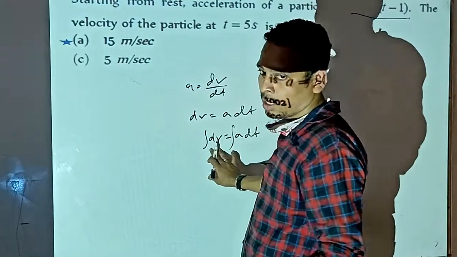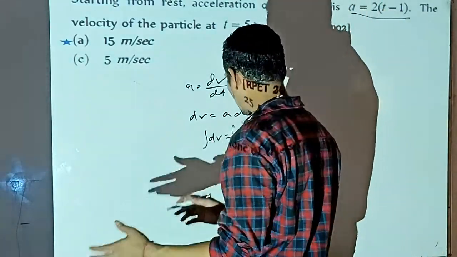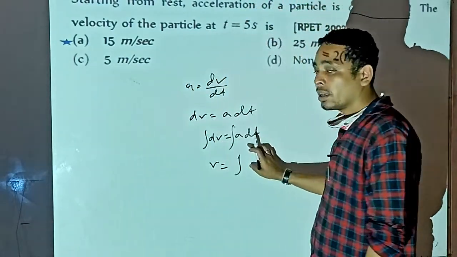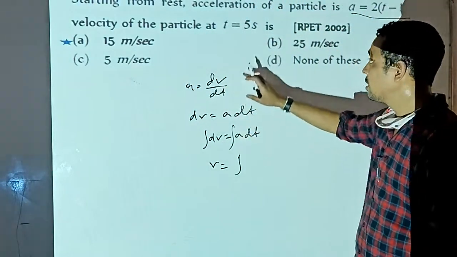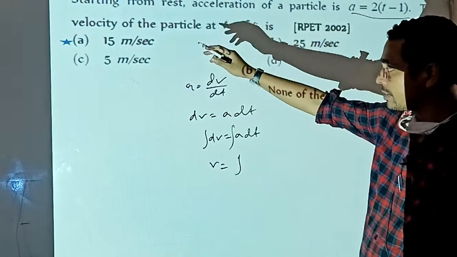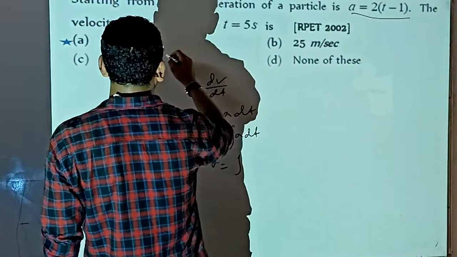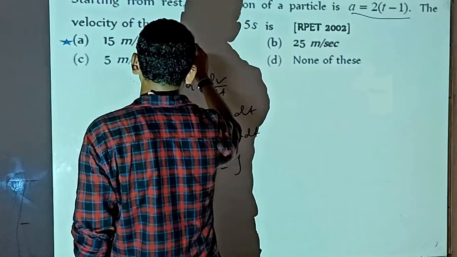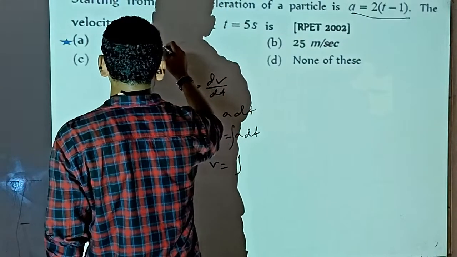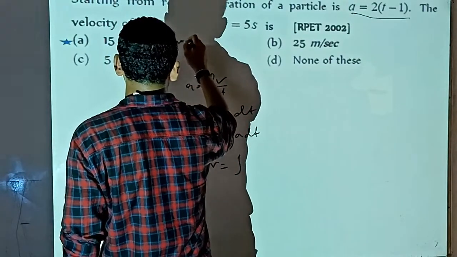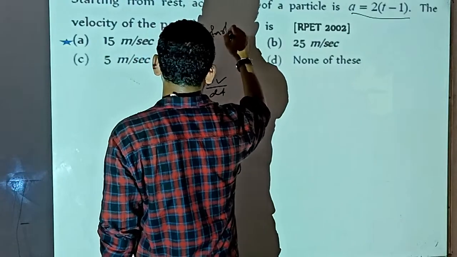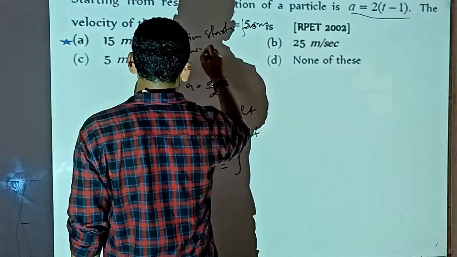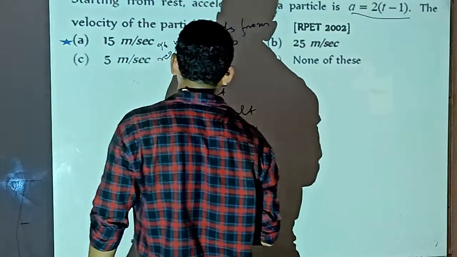Integration over dv gives you the final velocity, the total value of v. So v is equal to the integration, and you have to put the limits. Since the particle starts from rest, motion starts from rest, then t is equal to 0.